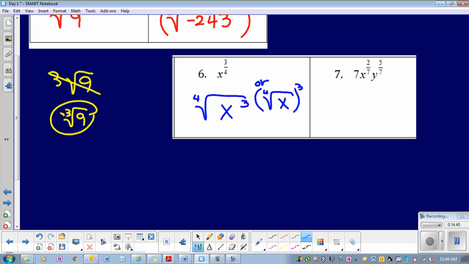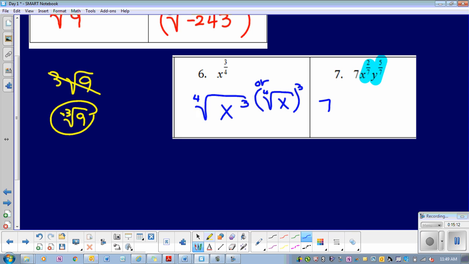So number 7 is a little bit tricky here because the x and the y are the ones that have a rational exponent. Tell me something about that 7. Does that have a rational exponent? No. So does it have to go inside the radical? No. Right? So it goes outside of it. Yeah, that just goes on the outside. Okay.